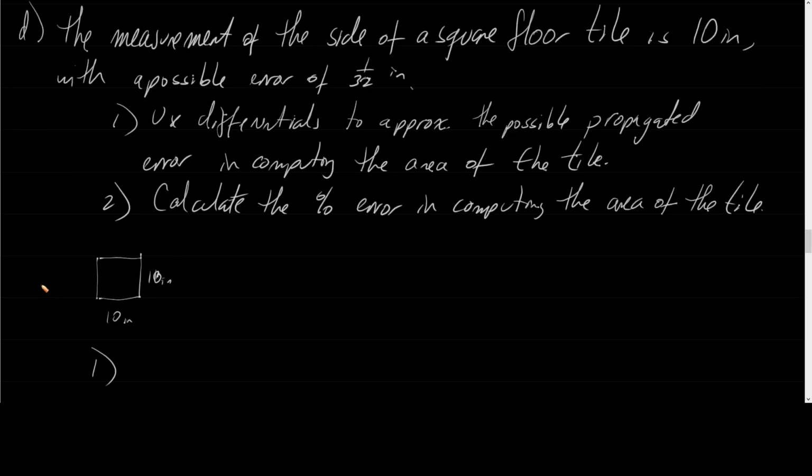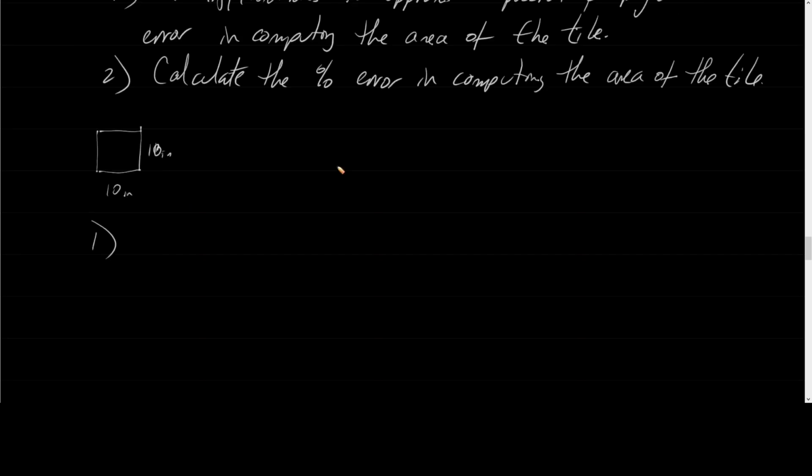We're trying to figure out the area, so we're going to start with our area formula. Area is equal to the side squared. What else do we have? The measured side was 10 inches.